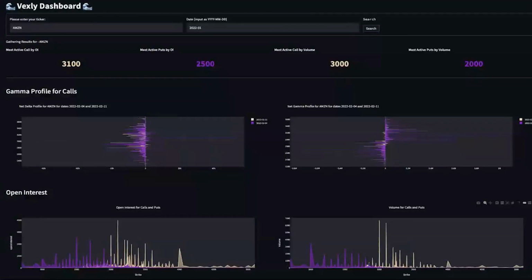If you go above a certain area on the negative side, like Upstart today as an example, it had a negative gamma level at around 95, I think, if I remember correctly.